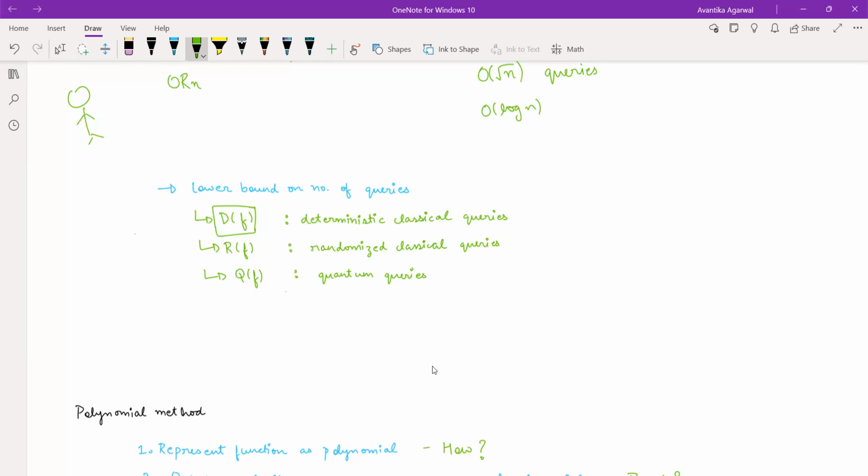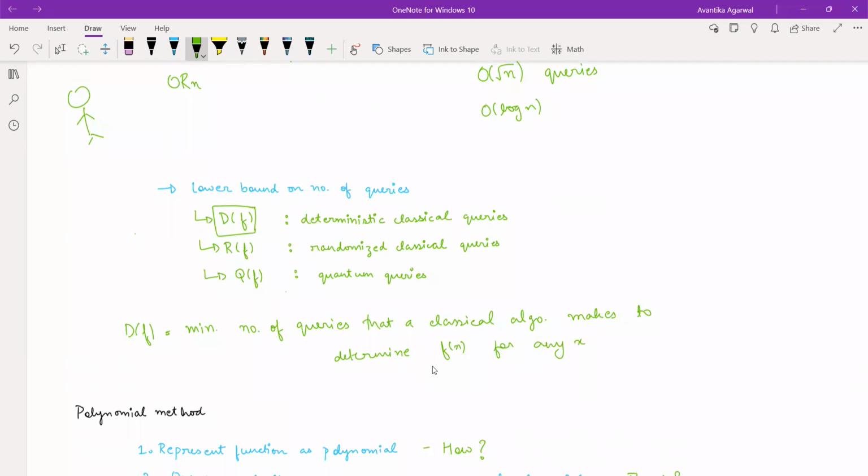Okay, maybe I should say that more slowly. D(f) is the minimum number of queries that a classical algorithm needs to make to determine f(x) for any x.